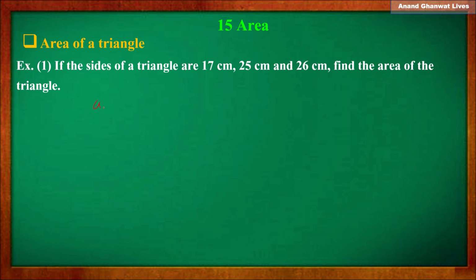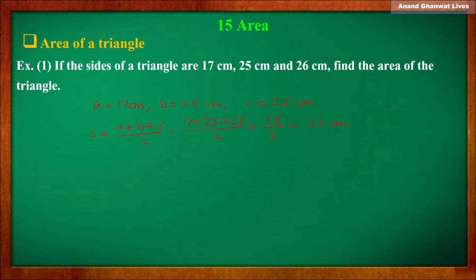Now here a is equal to 17 centimeters, b is equal to 25 centimeters and c is equal to 26 centimeters. So s is equal to a plus b plus c upon 2, and it is equal to 17 plus 25 plus 26 upon 2. So addition of 17 plus 25 plus 26, it is 68, and divided by 2, that is equal to 34 centimeters. So it is the semi perimeter of a triangle.